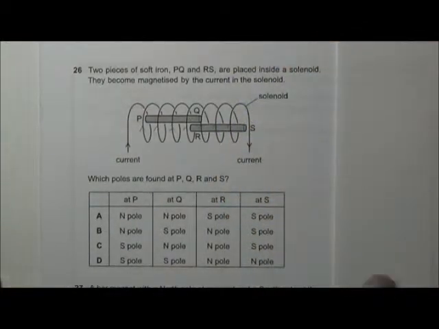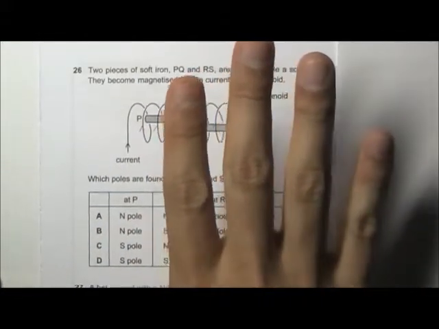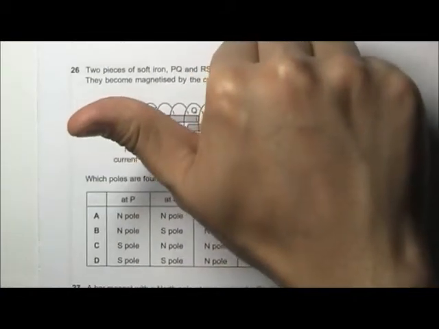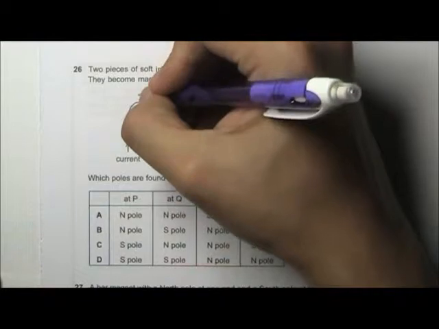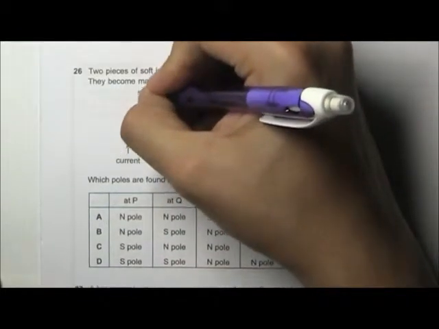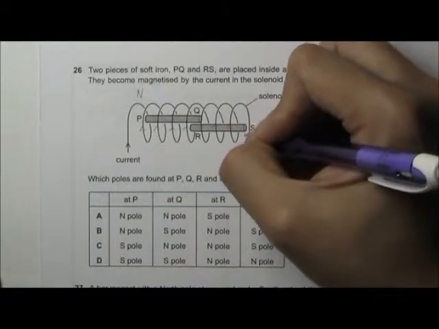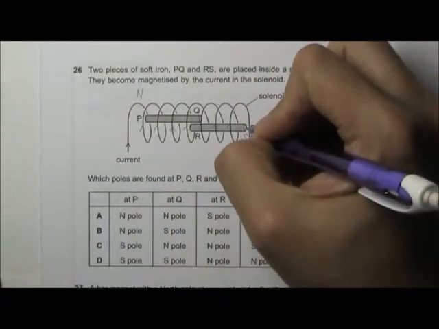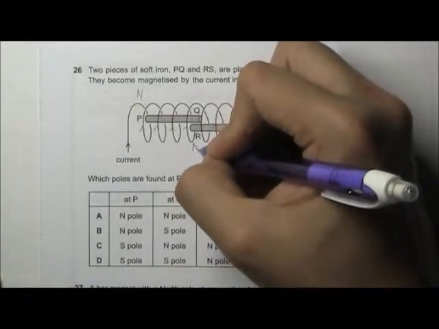So using the right hand grip rule, the fingers point in the direction of the current. So you go up and you find that the thumb is pointing to the left side. Hence, at P, this will be the north pole, and at S, this will be the south pole. And for R, since this side is the south, the side R should be a north.